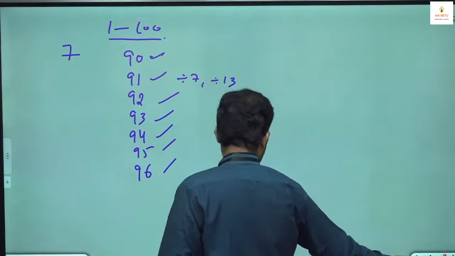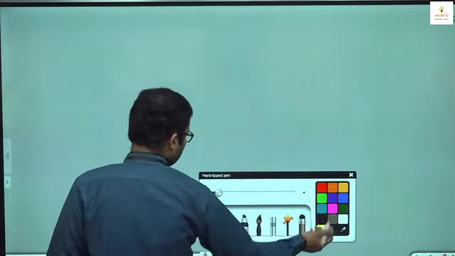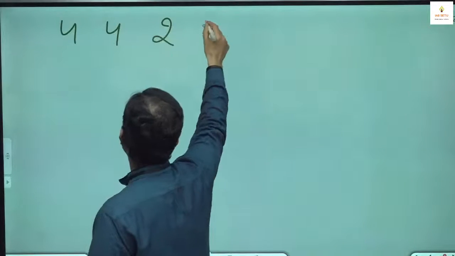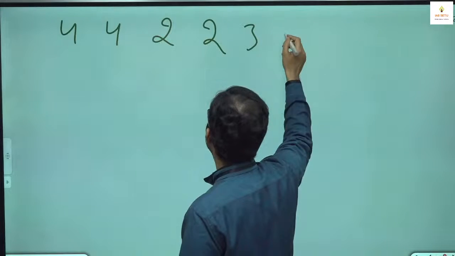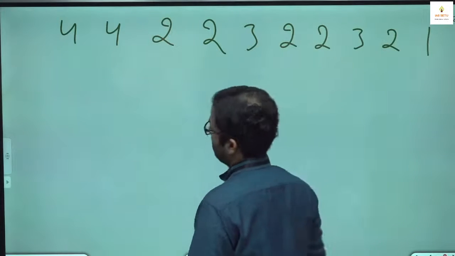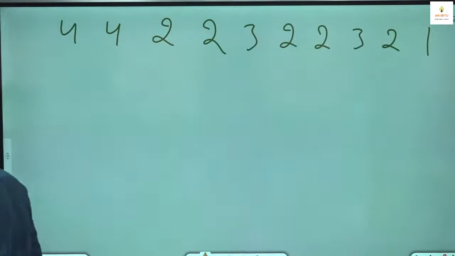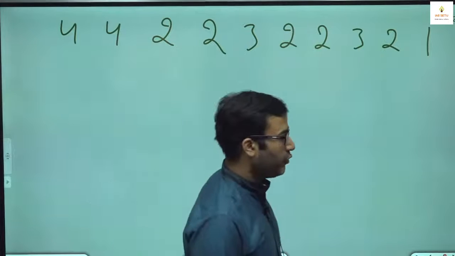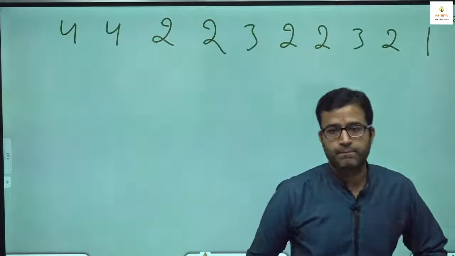Now here I give you the list of prime numbers. For that there is a mnemonic. The mnemonic is 44, 22, 322, 321. Double 4, 22, 322, 321.